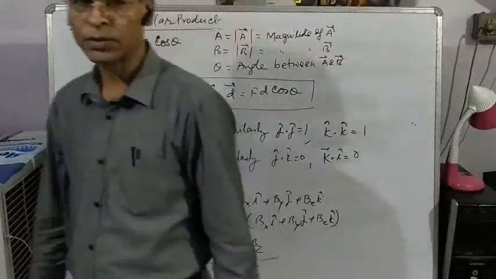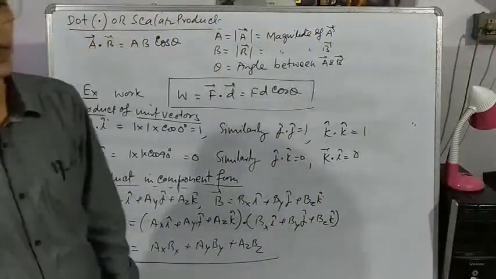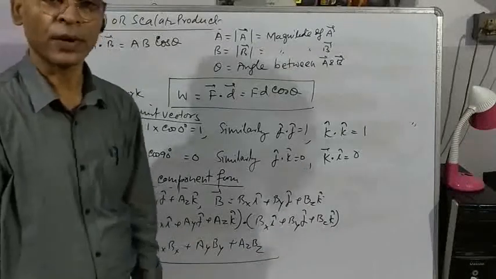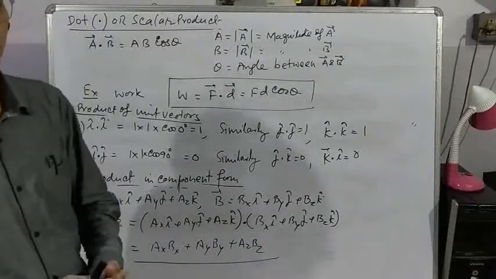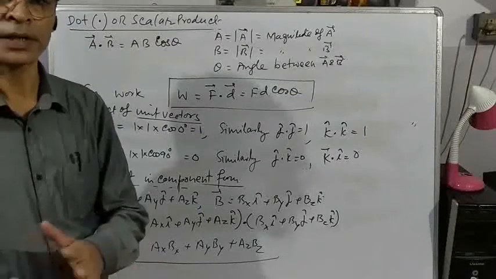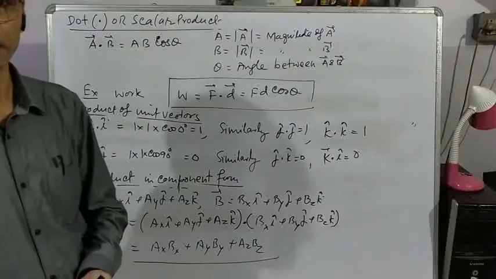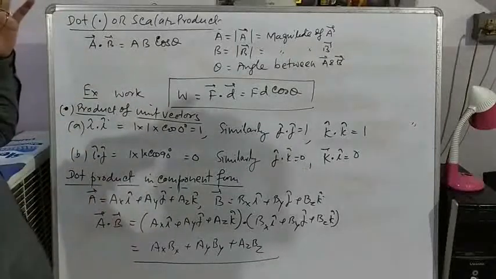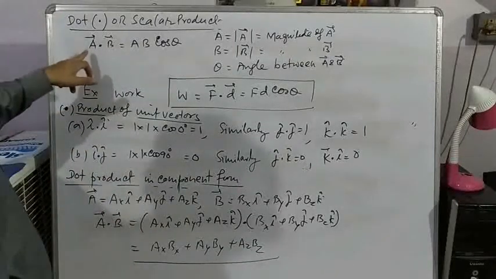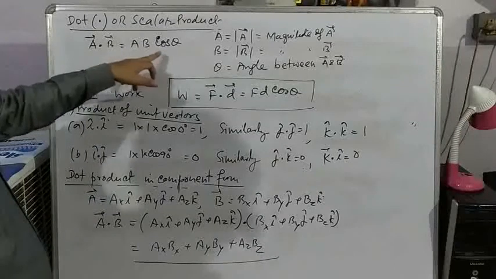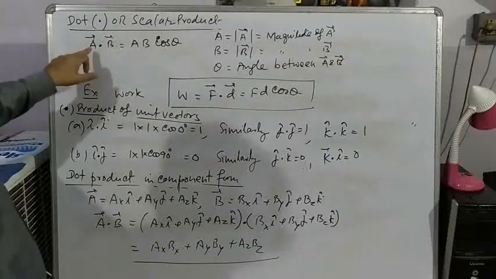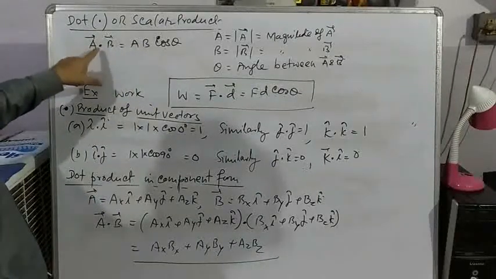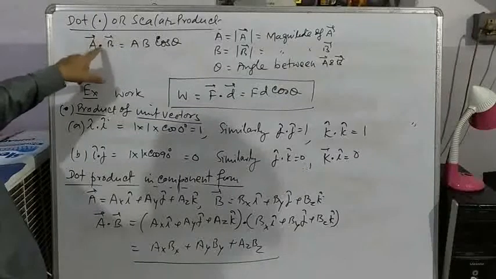Students, I have already told that two vectors can be multiplied in two different forms. First is dot product or scalar product, when two vectors are multiplied to get a scalar quantity. A scalar product or dot product is defined by this formula. A dot B. Keep in mind, only this symbol should be used.